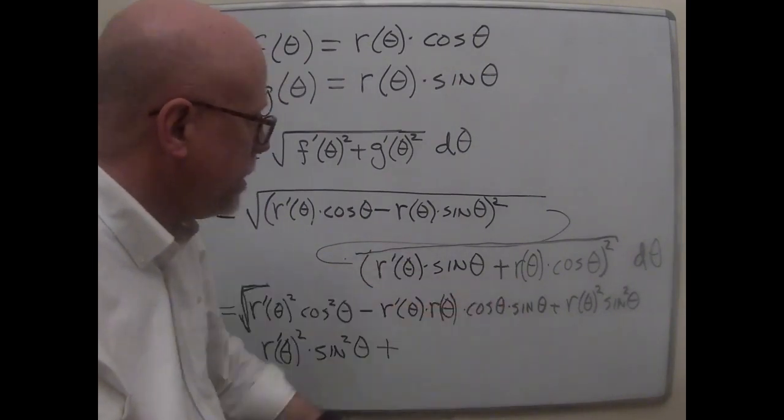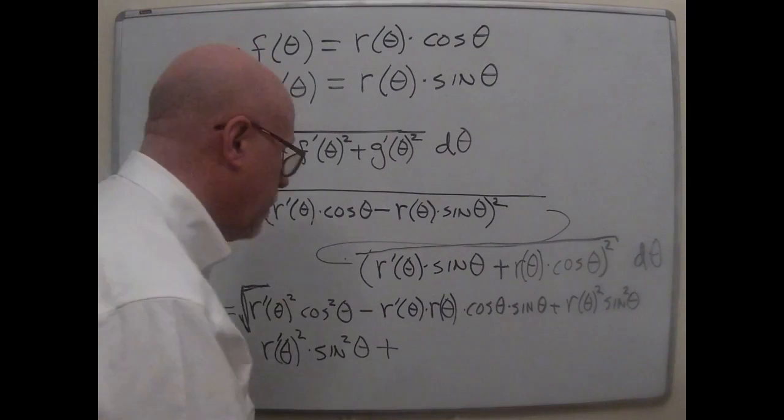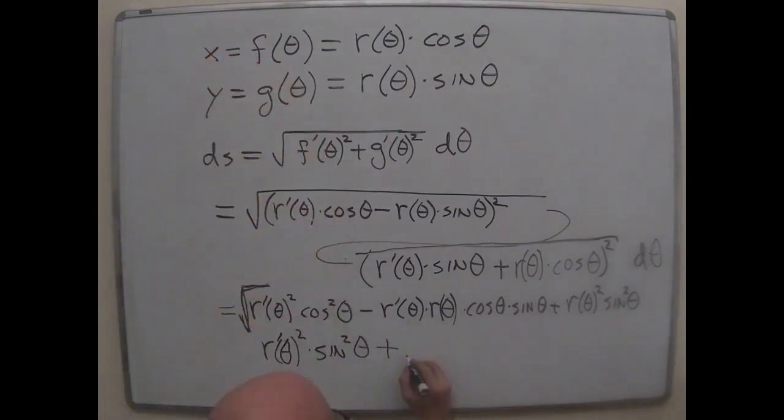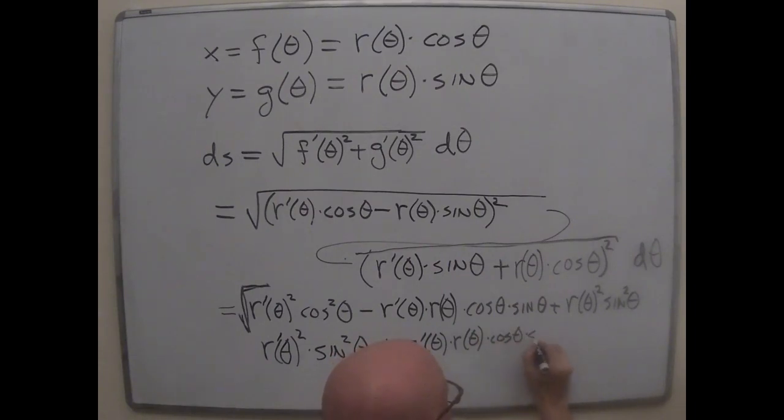They're both positive. So I'll write it down, but we're just going to cancel it in a second. What is going to survive is r of theta squared times cosine squared.